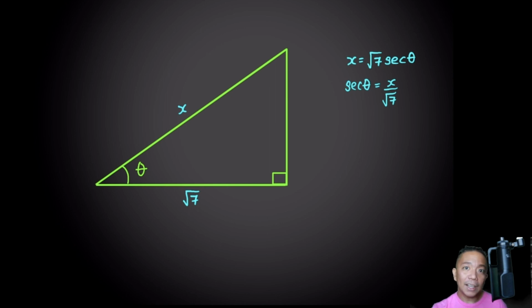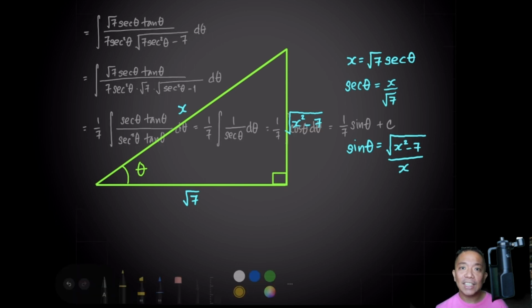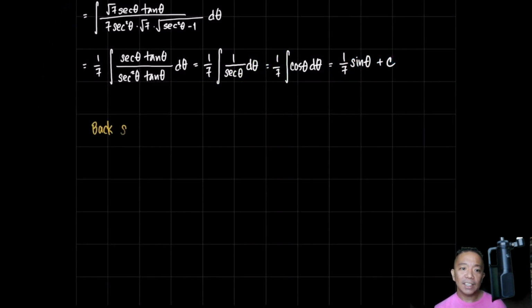So, applying the Pythagorean identity, this will be equal to the square root of the hypotenuse squared minus the other side squared. So, square root of x squared minus 7. And sine theta, which is what we want, is opposite over hypotenuse, or square root of x squared minus 7 all over x. So, we'll take this and go back to our earlier solution. Okay? And we just write our results from the right triangle.